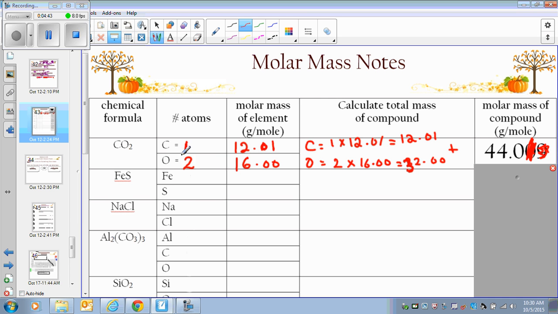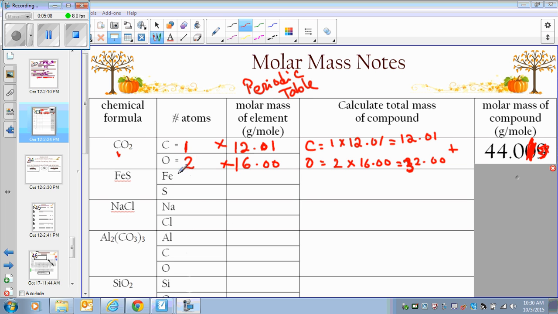Keep it in mind: all I'm doing is counting the number of atoms, 1 for carbon, 2 for oxygen, getting the mass from the periodic table, then multiplying the mass by the number of atoms and adding them together.